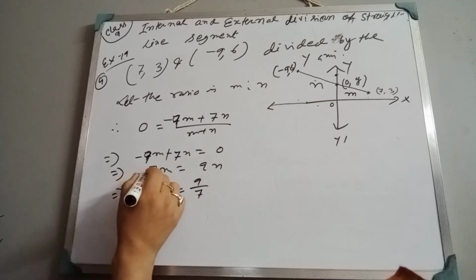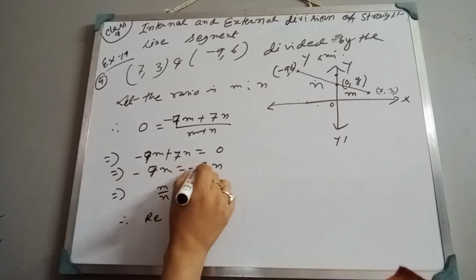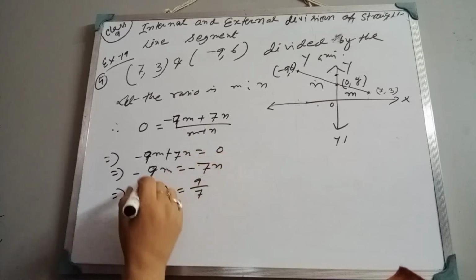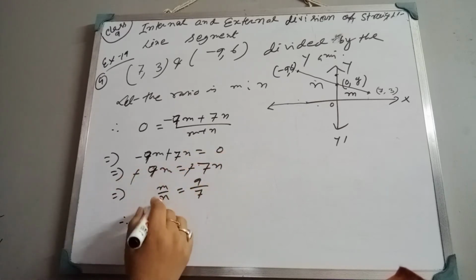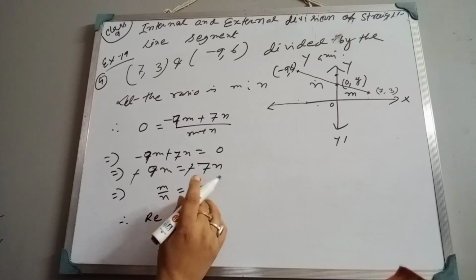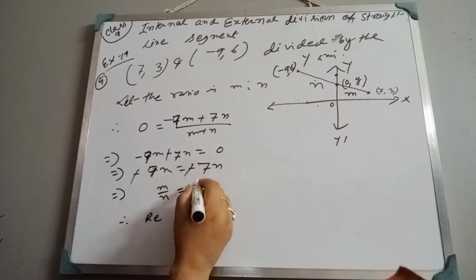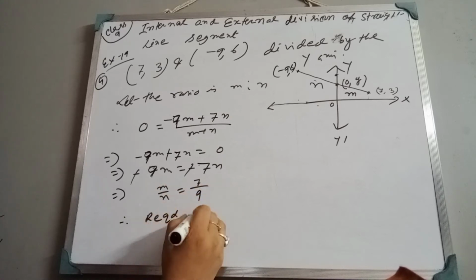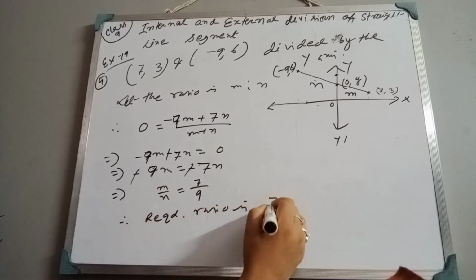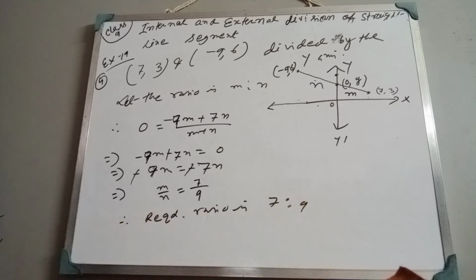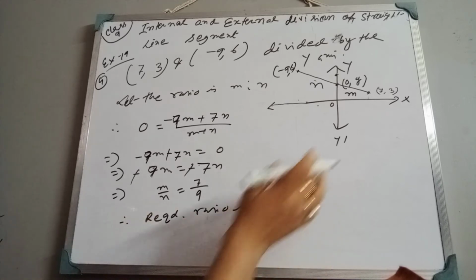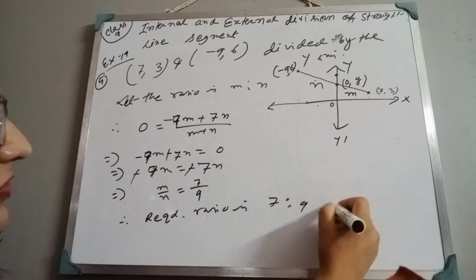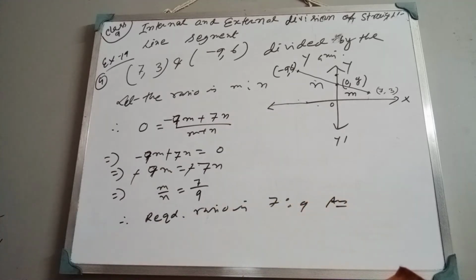So minus 9m is equal to minus 7n. Minus cancels, so m by n is 7 by 9. So the required ratio is 7 is to 9. We can write 7 is to 9 or 9 is to 7 also. Both are the same. Okay. Next.